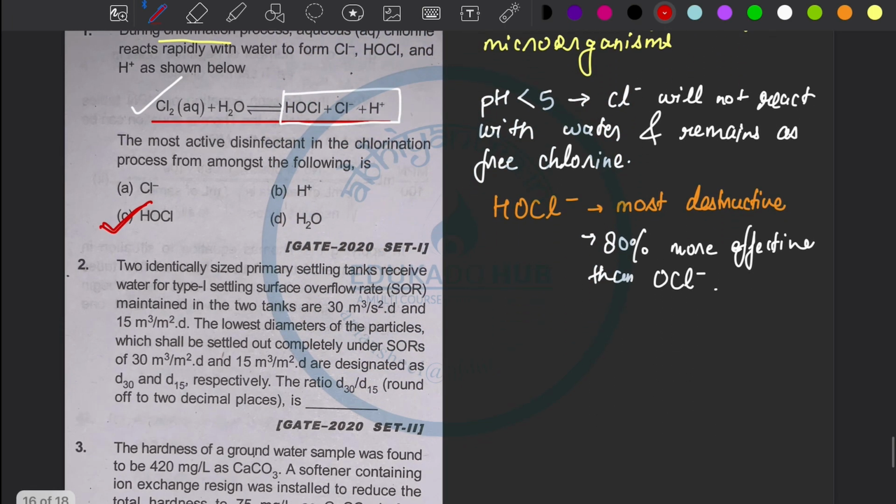Let's do question number 2. Two identically sized primary settling tanks receive water for type 1 settling. Surface overflow rate, SOR, maintained in the two tanks are 30 meter cube per meter square per day and 15 meter cube per meter square per day.